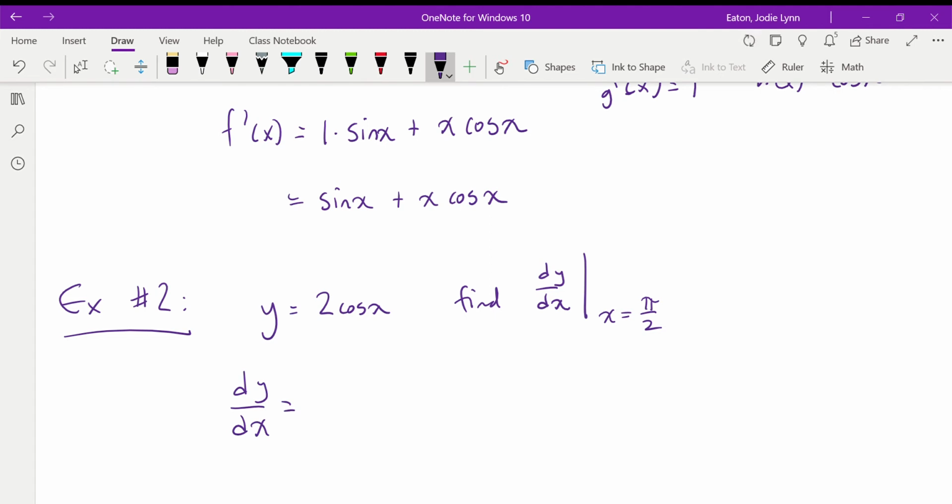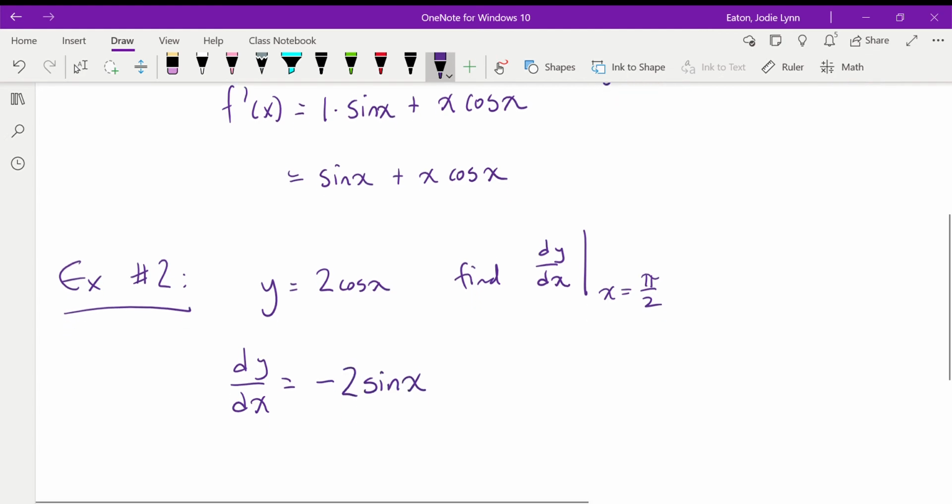When I'm using y notation, I generally write dy dx. I'm also really clear, as in previous lessons, about where I'm equal to y and where I'm equal to dy dx. You can't just write an equal sign and then give the derivative, because the derivative is not equal to y. So the derivative of cosine x is negative sine x, so the derivative here is negative 2 sine x.